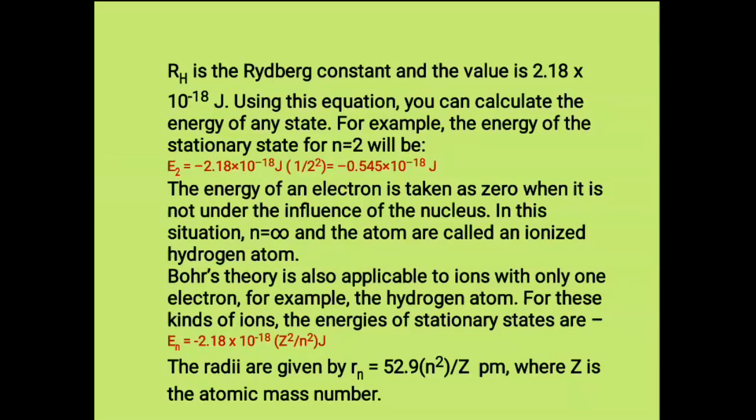When the attractive forces develop, some energy is always released. So the energy less than 0 is called the negative energy. Since the energy of the electron becomes less than 0, the electronic energy is always written as negative energy, meaning it has a negative sign in the energy equation.